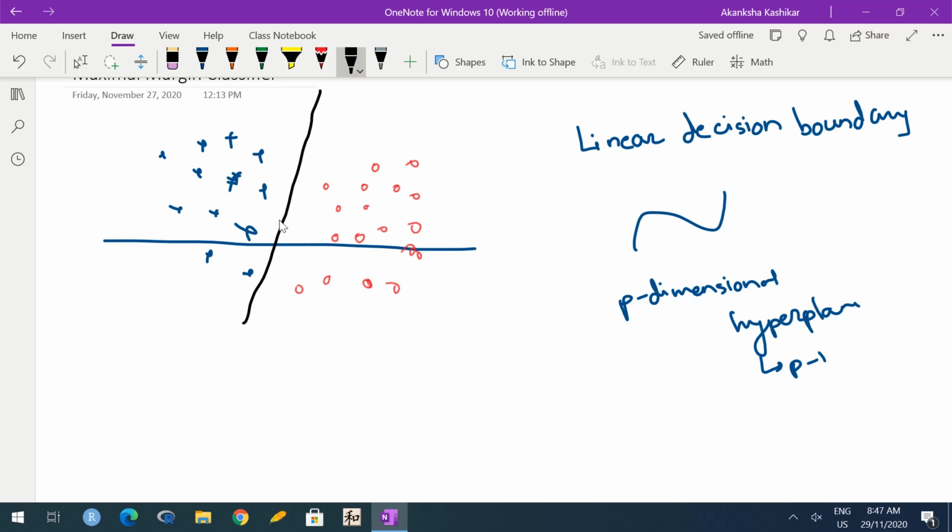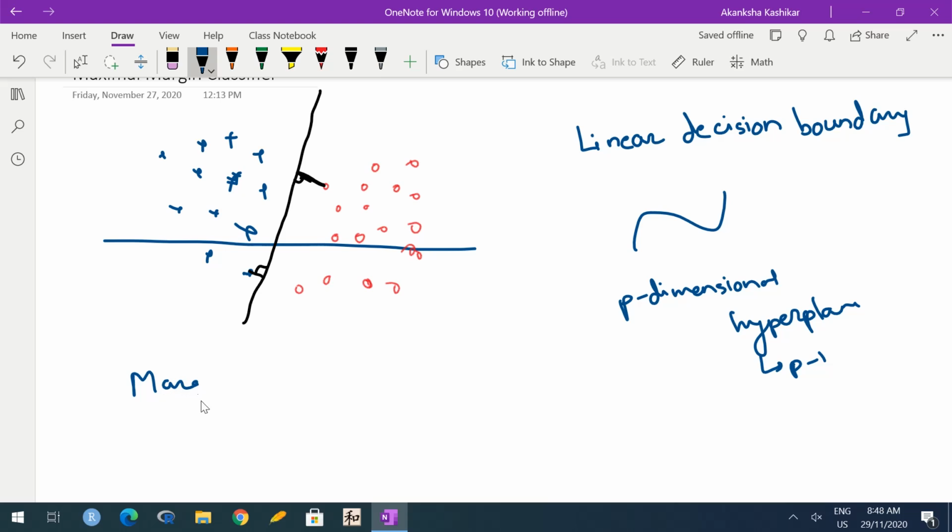And among those distances we are going to locate the shortest distance from each group. So from this group it would probably be this perpendicular distance, right? Because all the other points are slightly away, and from this group it would probably be this distance. So this perpendicular distance to the line is known as margin.